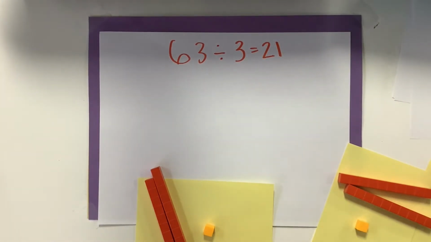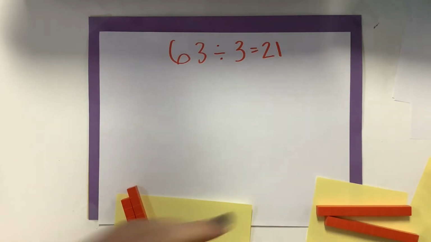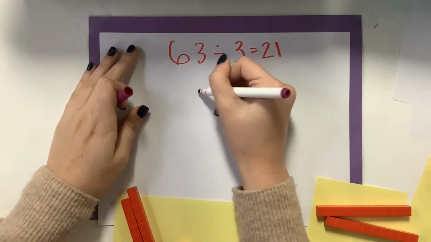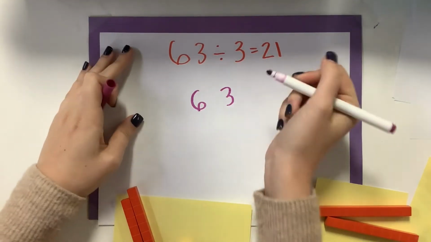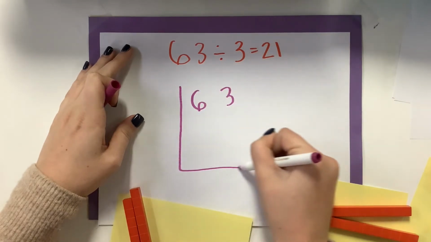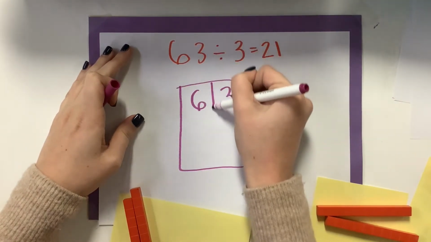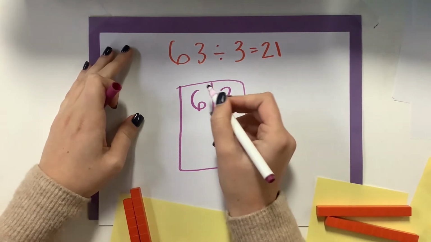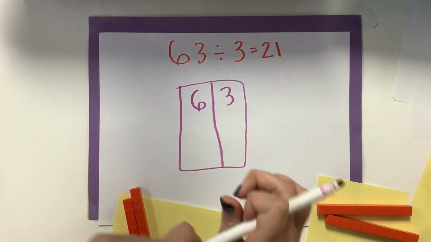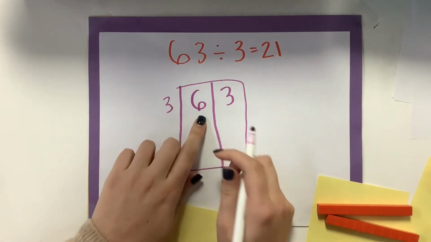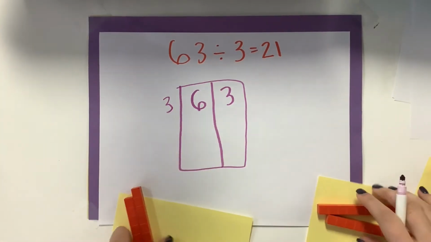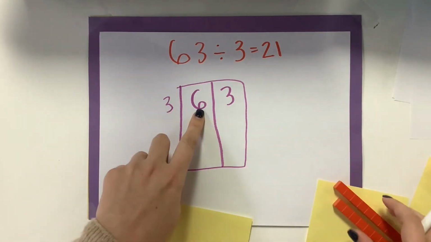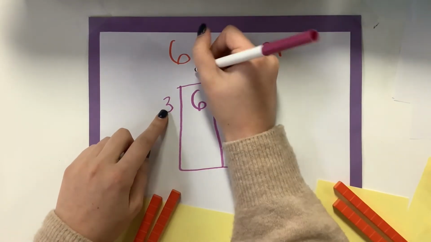Now, I paused myself and started thinking about what I actually did in my head, what math I was doing. So I wrote down the number 63, and I put a box around it. And I thought about how I can divide 63 by 3. Well, first I divided my 10s, right? I took these 10 blocks and I said, well, 6 divided by 3 is 2.